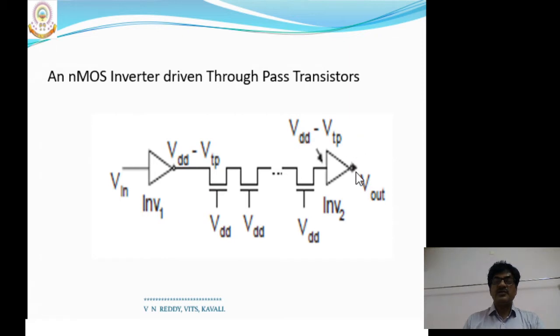So whatever output value we get with VDD input, the same output value we need to get with the input VDD minus VTP. Then only you can get the symmetrical operation. For that purpose, this is the derivation we are going to do now. How much inverter ratio we can get, that we will see.